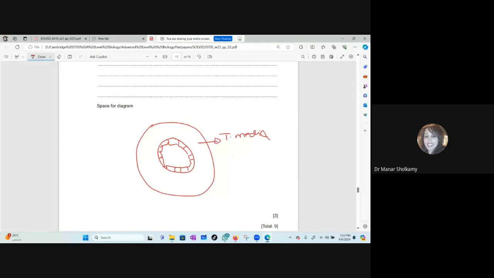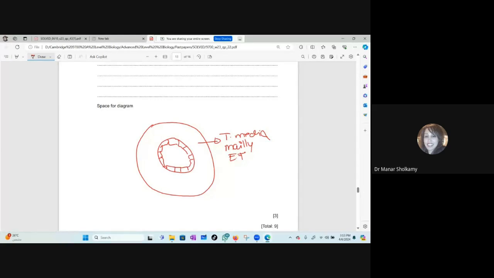And then a thick layer of tunica media. The tunica media contains mainly what? Elastic fibers. It does contain, of course, little smooth muscle and little collagen, but mainly elastic fibers.